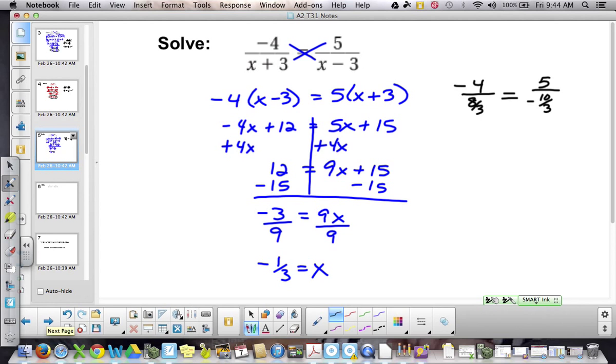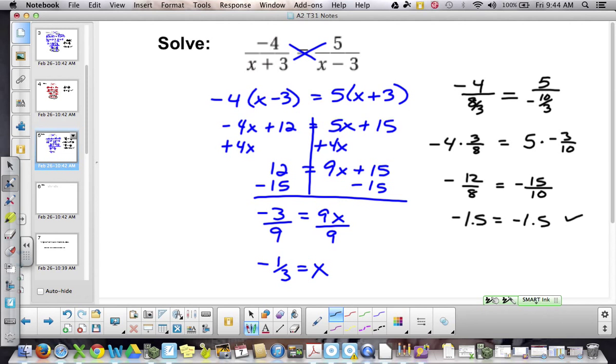So negative 4 divided by 8/3 is times 3/8. This is 5 times negative 3/10. So we simplify, this is negative 12 over 8, okay, negative 15 over 10, so that's negative 1.5 equal to negative 1.5. So it does check out. So that's your answer.